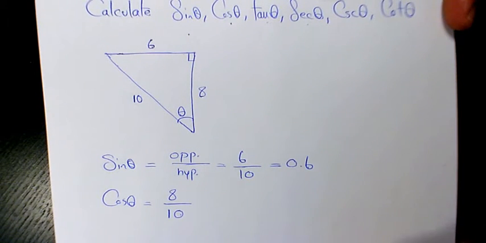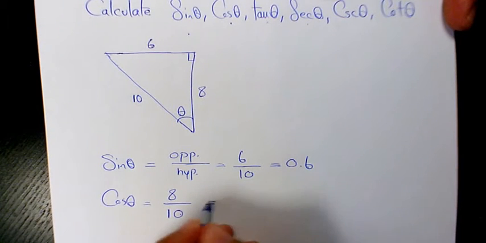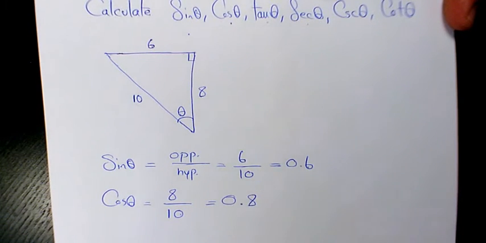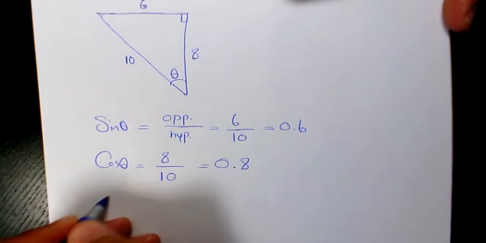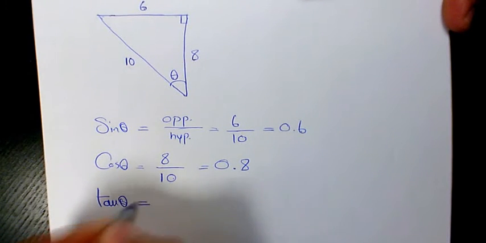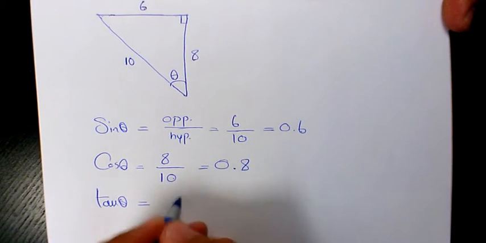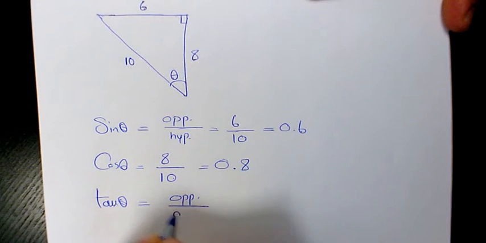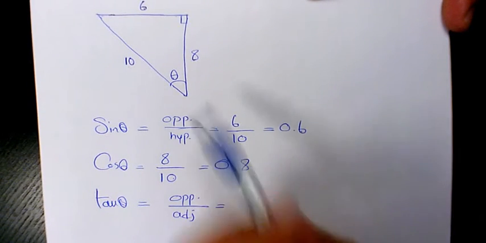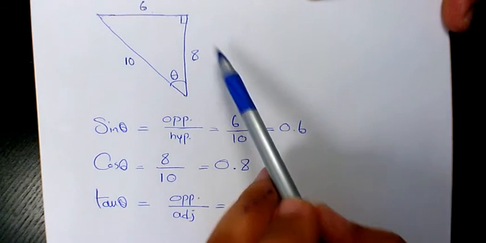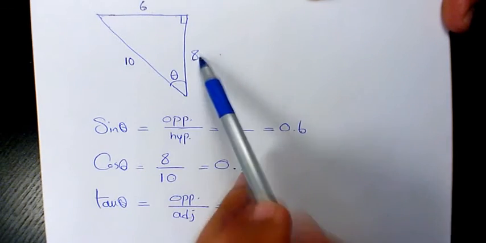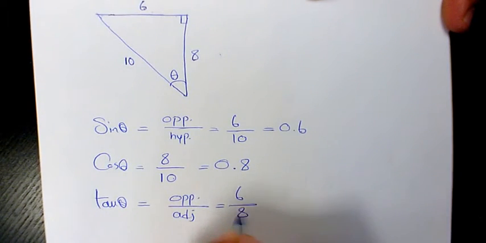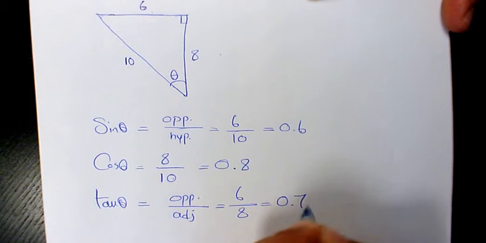You remember SOHCAHTOA, we had it last time in last video, 0.8. Next one is tangent. Tan is opposite over adjacent, which is going to be 6 divided by 8, opposite divided by adjacent. So 6 divided by 8 is going to be 0.75.